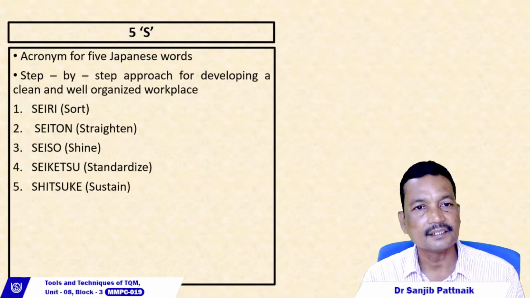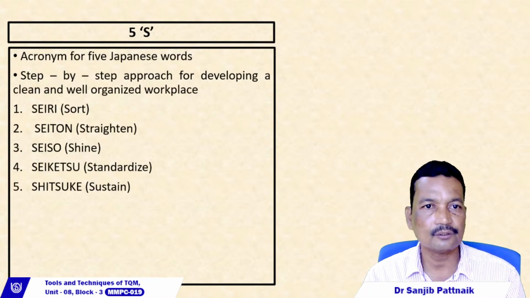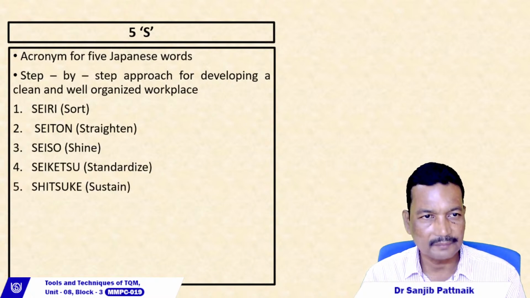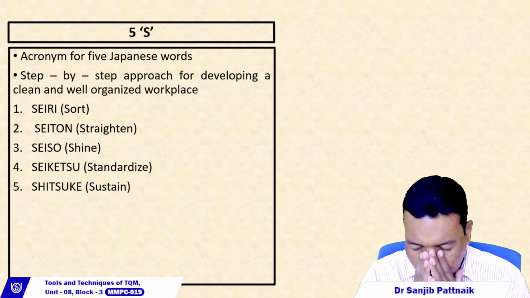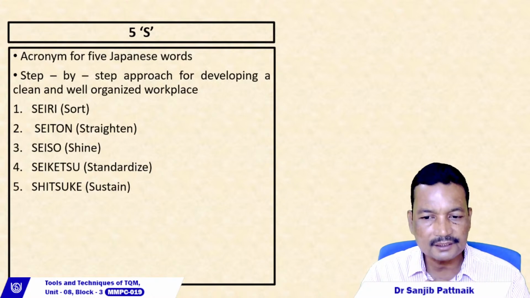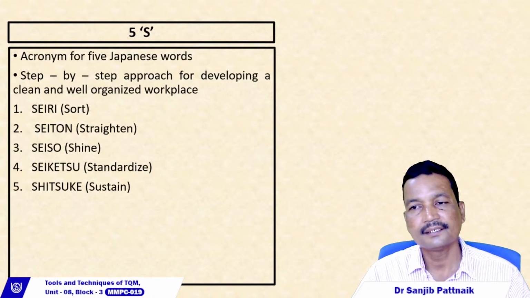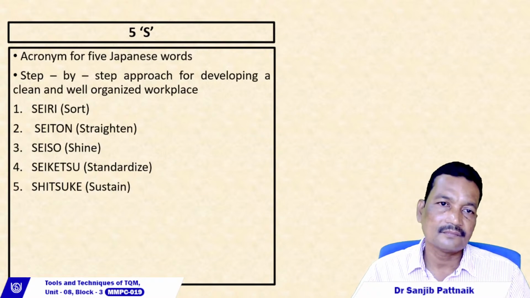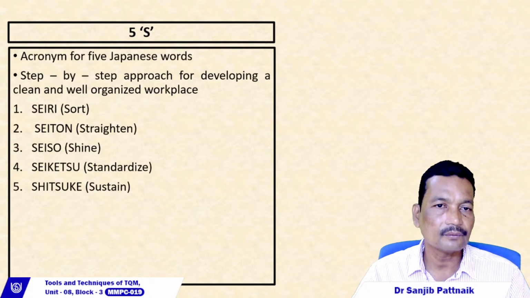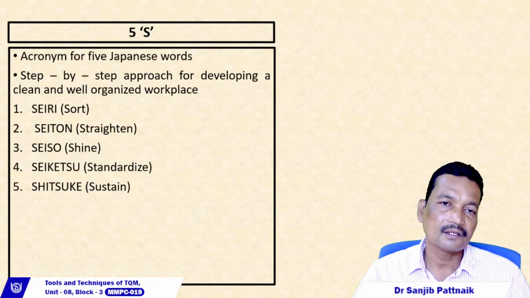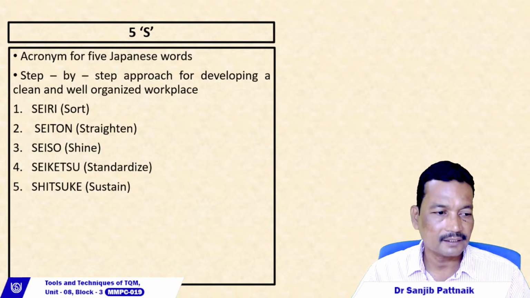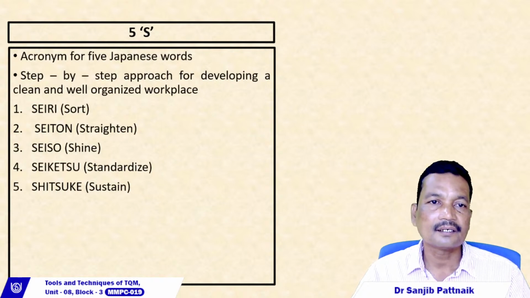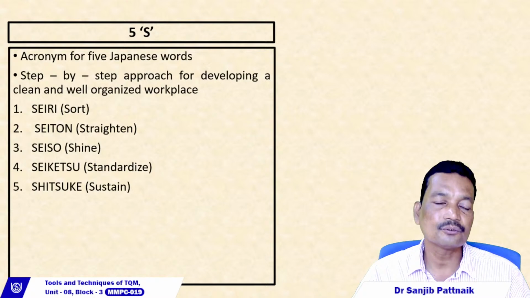Now let us look at a Japanese technology, that is 5S, but I try to understand it as the basic fundamental given for our life by the father of the nation, Mahatma Gandhi ji, that cleanliness is next to God.